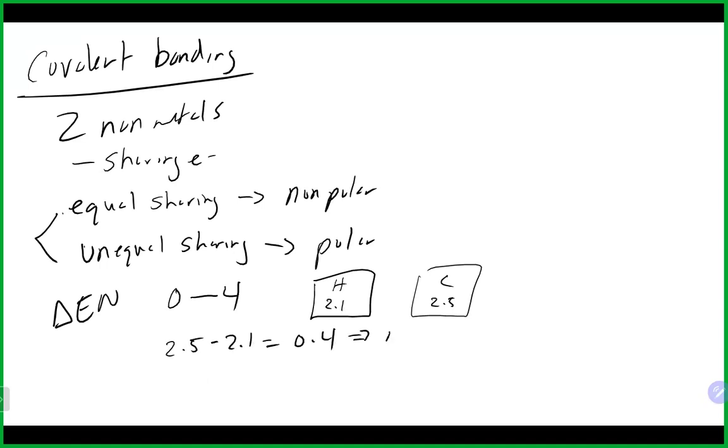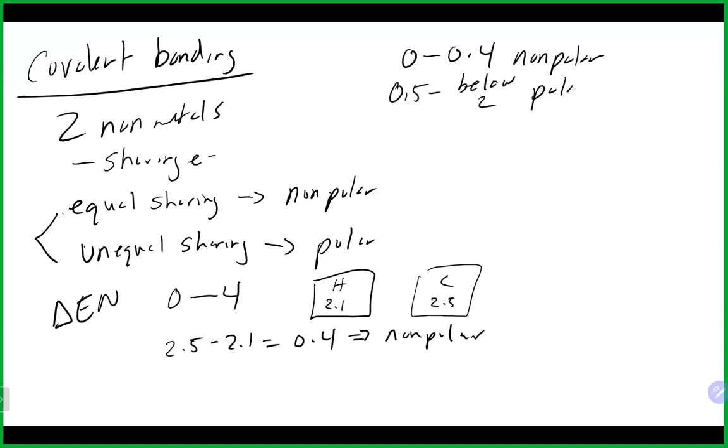That is considered a nonpolar bond. The limit is 0 to 0.4 is considered nonpolar or equal sharing of electrons. About 0.5 to below 2 is considered a polar bond, and above 2 is typically an ionic bond.